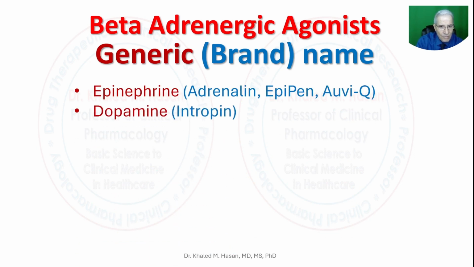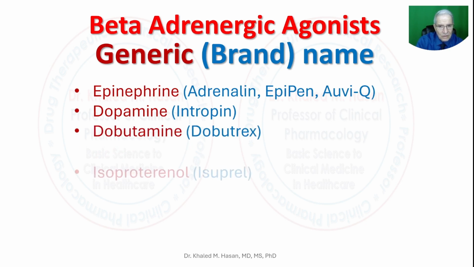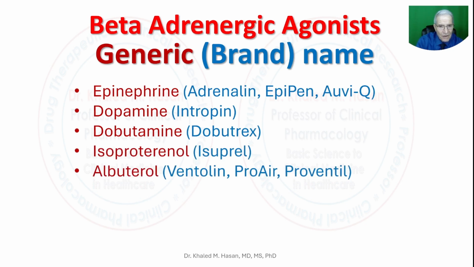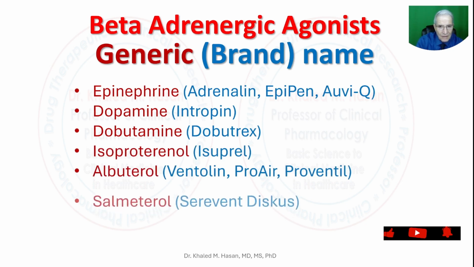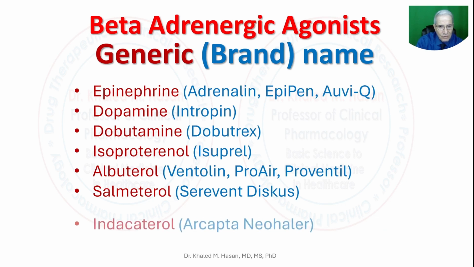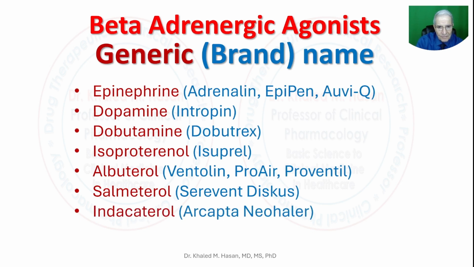For dopamine, we have Inotropin. Then we have dobutamine, Dobutrex. Then isoproterenol. Then albuterol, ProAir and Proventil. Then salmeterol, Serevent. Then indacaterol, Arcapta.